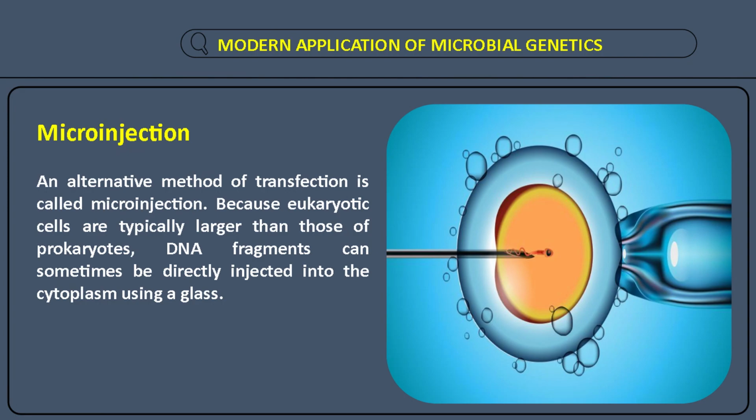The cells are typically suspended in a buffer solution, and the needle is inserted into the cell under the microscope. So actually, guys, there are a lot of videos on YouTube, and you can watch a short clip about this one.